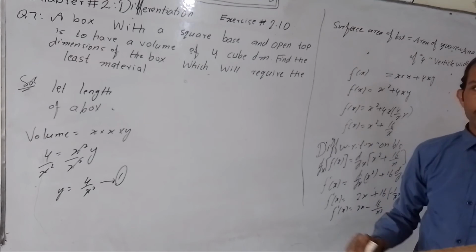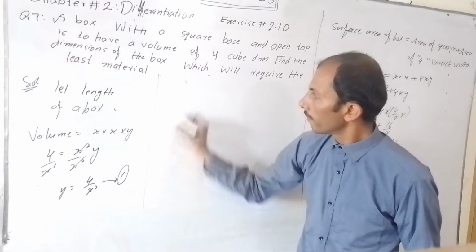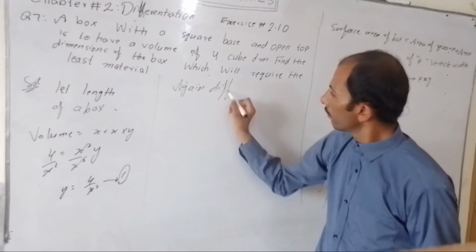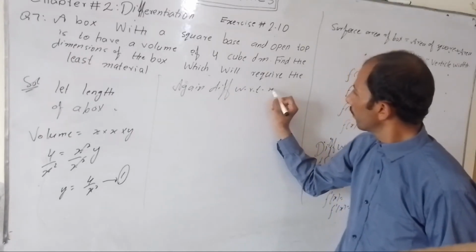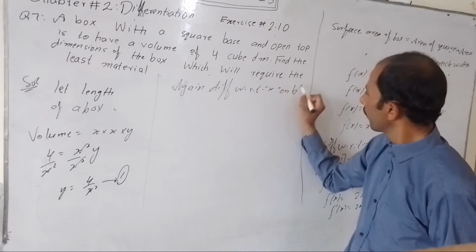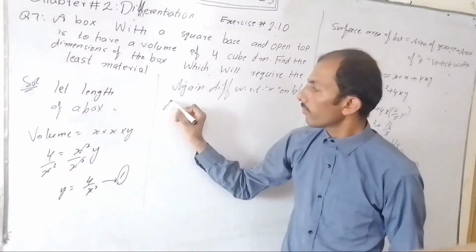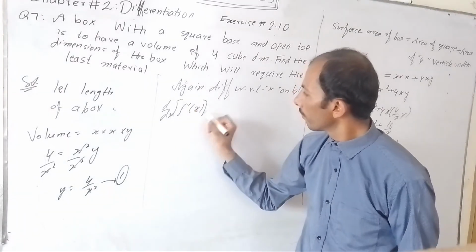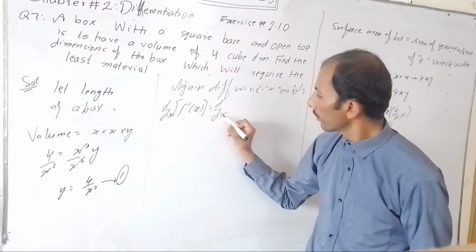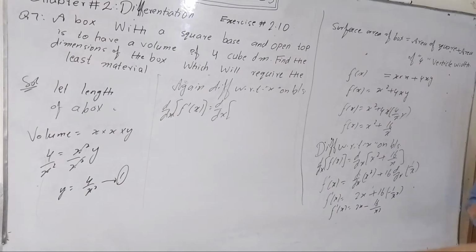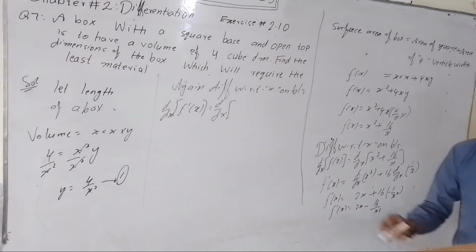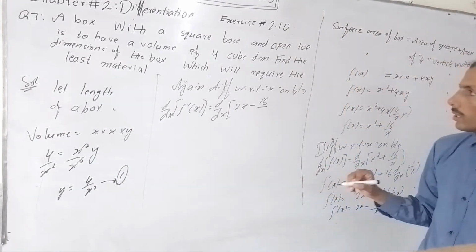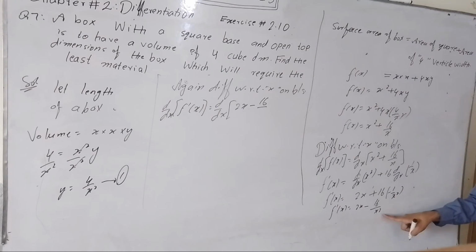Again differentiate with respect to x on both sides. Derivative of f prime of x is equal to derivative of 2x minus 16 divided by x square.